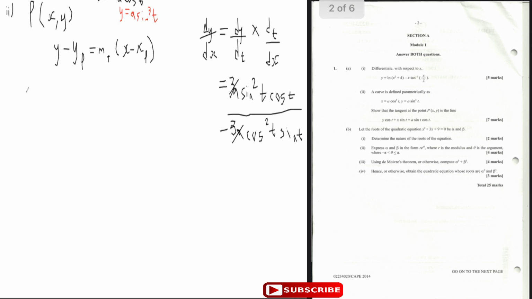So of course, the equation of the tangent is going to be y minus yp. The y point is a sine cube t. Y minus a sine cube t is equal to the gradient of the tangent. And the gradient of the tangent is given by this formula, which is minus sine squared t cos t over cos squared t sine t.